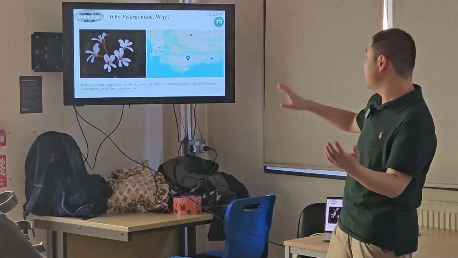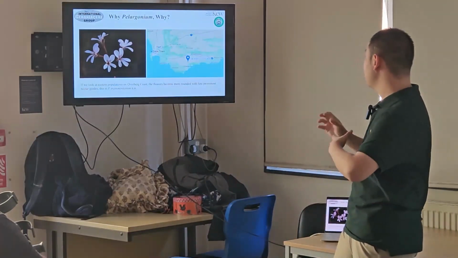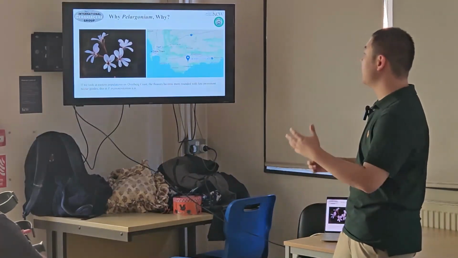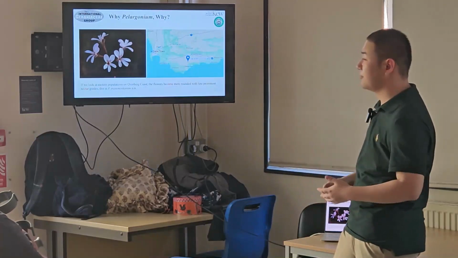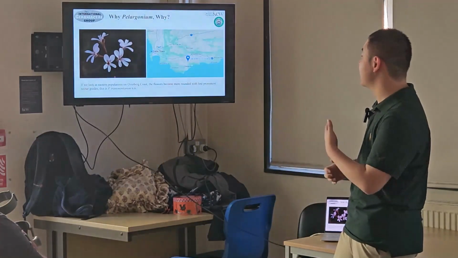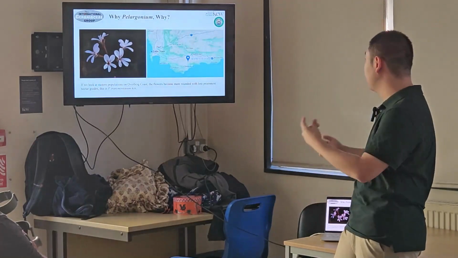And if we're looking at eastern populations, they are usually like this, with little rounded petals and less prominent nectar guides. This form has been tentatively described as Transmontanum, named after the Overberg Mountains.